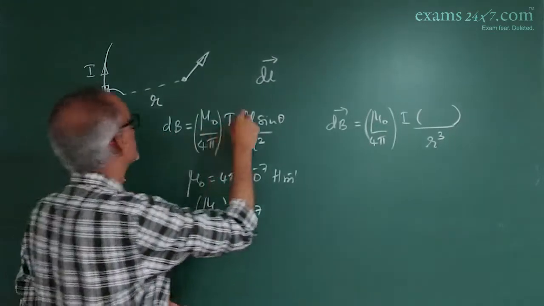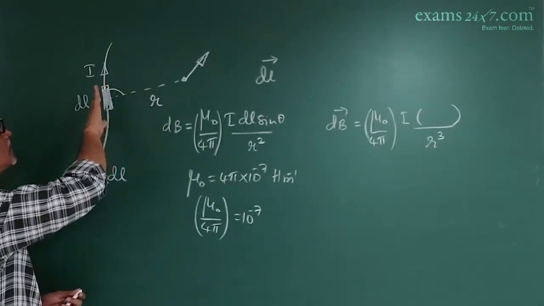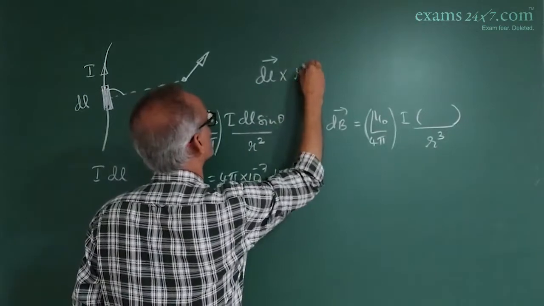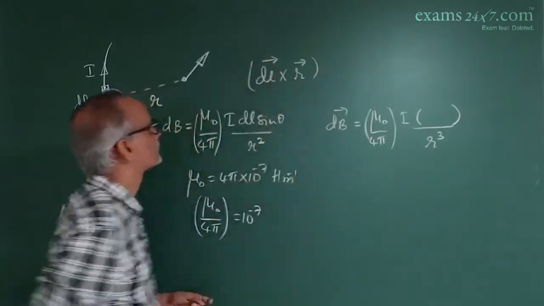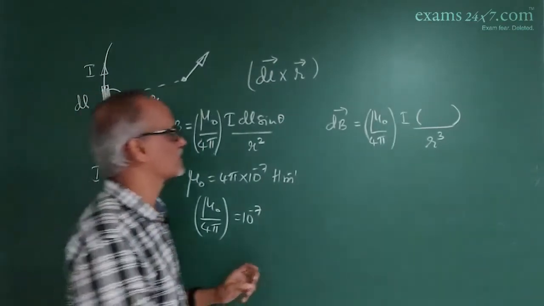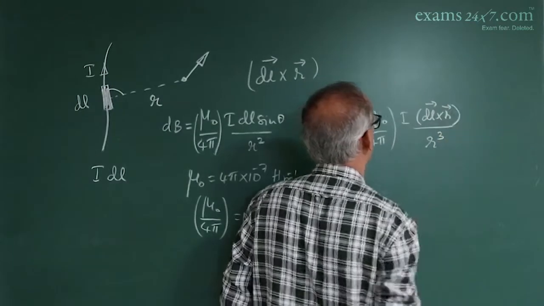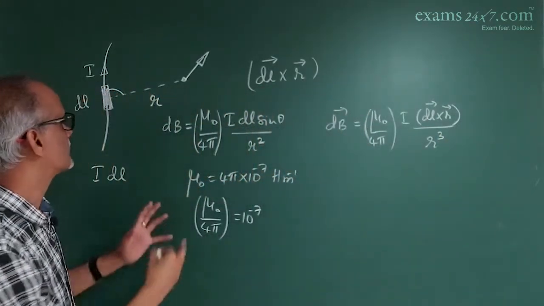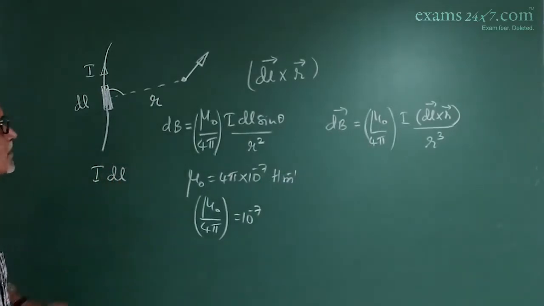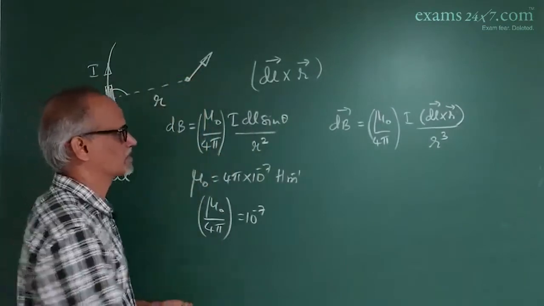And then we consider a position vector r, and dl cross r will give you the direction of the field. So therefore the vector that we write is dl cross r. That is the vector form of the magnetic field due to a current element, which is inward into the board.